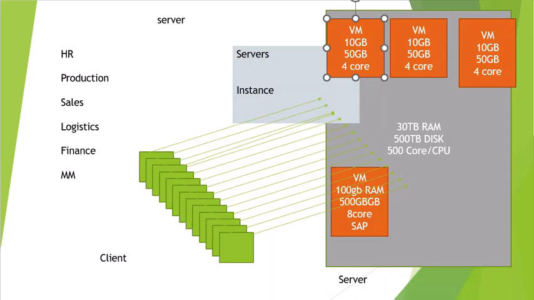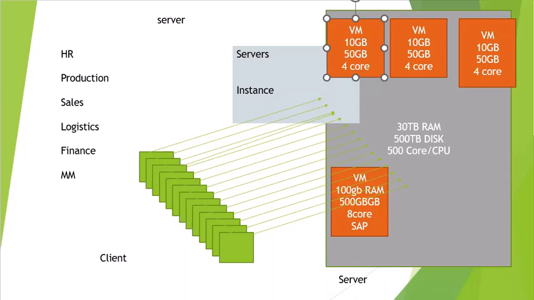Same with production, sales, and some other people are also asking for information like this. Now a VM with 100 GB RAM, 500 GB disk, 8 cores. So ultimately, you have taken a big box of hardware and divided it into multiple partitions, which we call VMs, virtual machines.